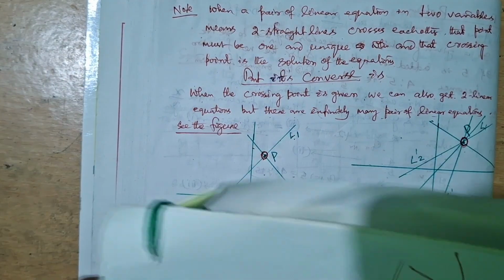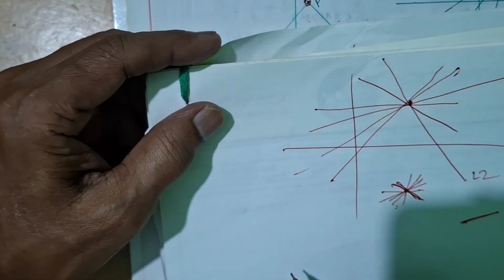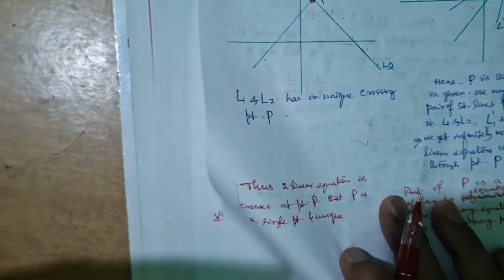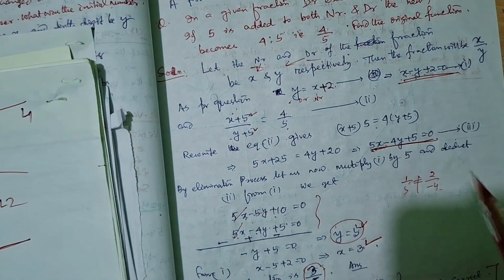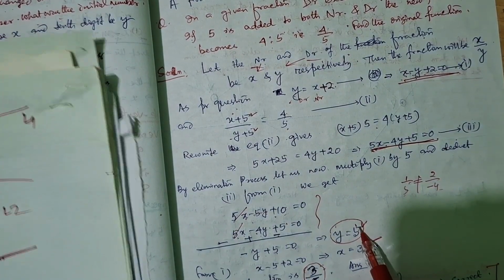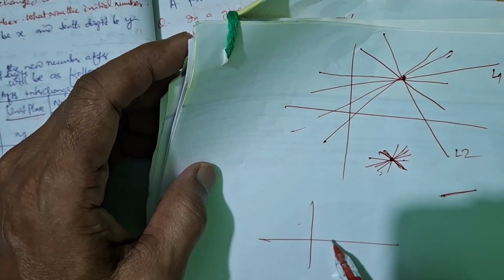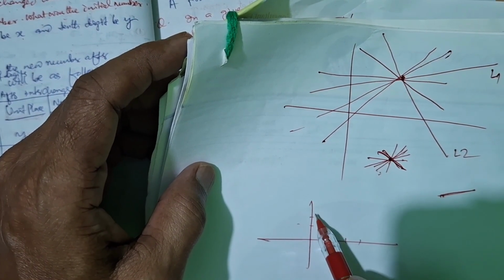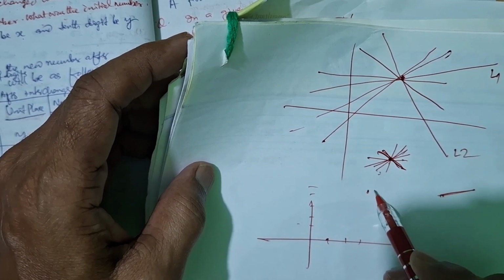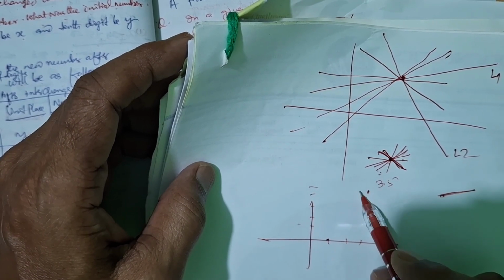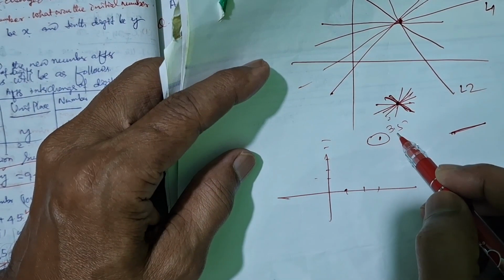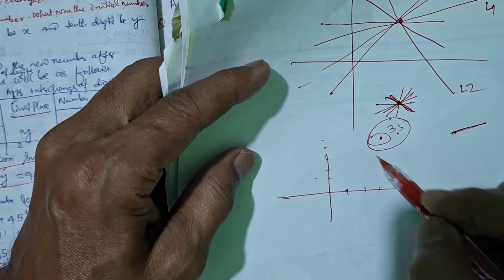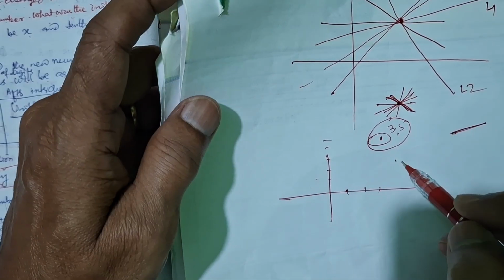Suppose you come to an example. This and this, exactly you get one solution, 3 and 5. The point is 3 and 5. This point 3 and 5, they will cross here only. But if 3 and 5 is given, that is the common point of two straight lines, how many equations can you make?